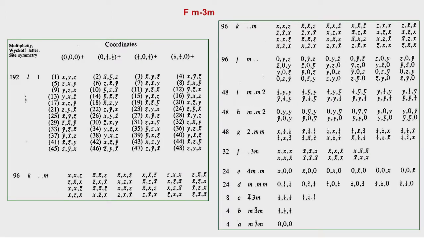Similarly, in FCC, if we consider what all the lattice points are, there are 4 lattice points within that lattice. And with respect to these lattice points, around each lattice point, these are all the positions where we can have the atom. Then if we add with respect to each of these coordinates which are given, we will generate 4 points.